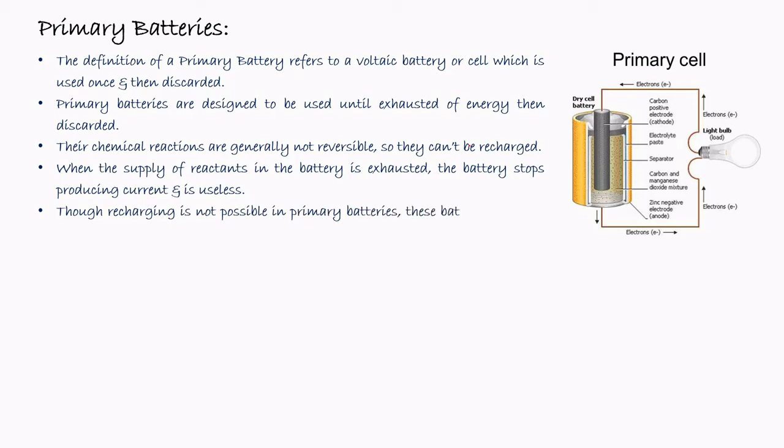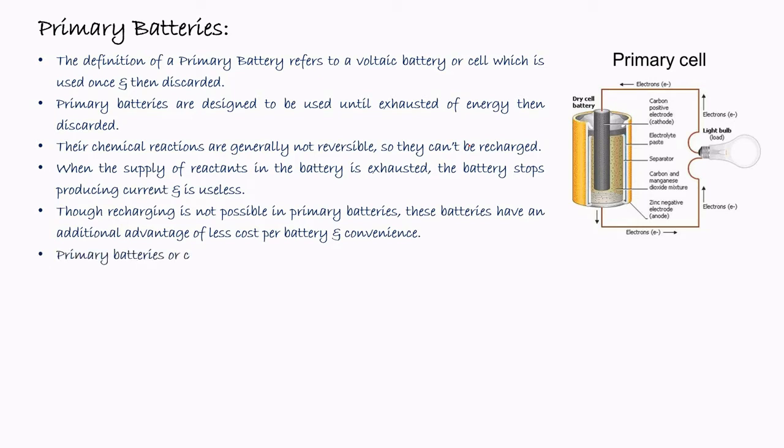Though recharging is not possible in primary batteries, these batteries have the additional advantages of lower cost per battery and convenience. Primary batteries or cells can produce current immediately on assembly.